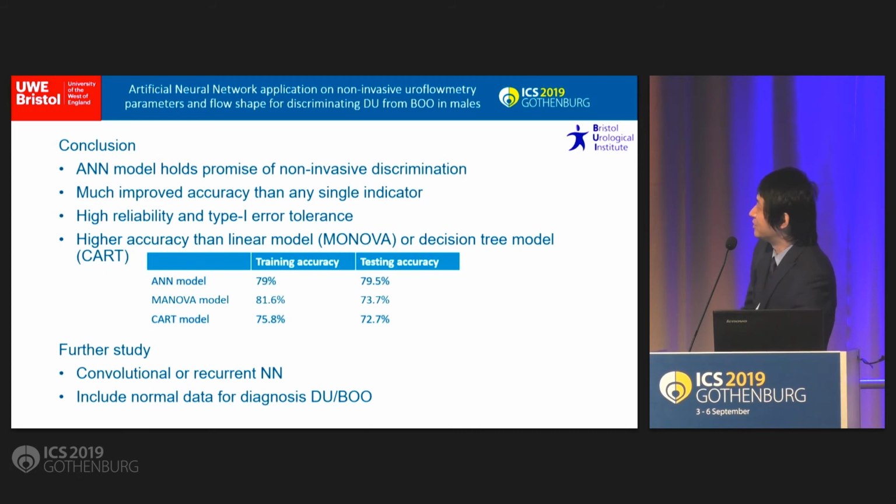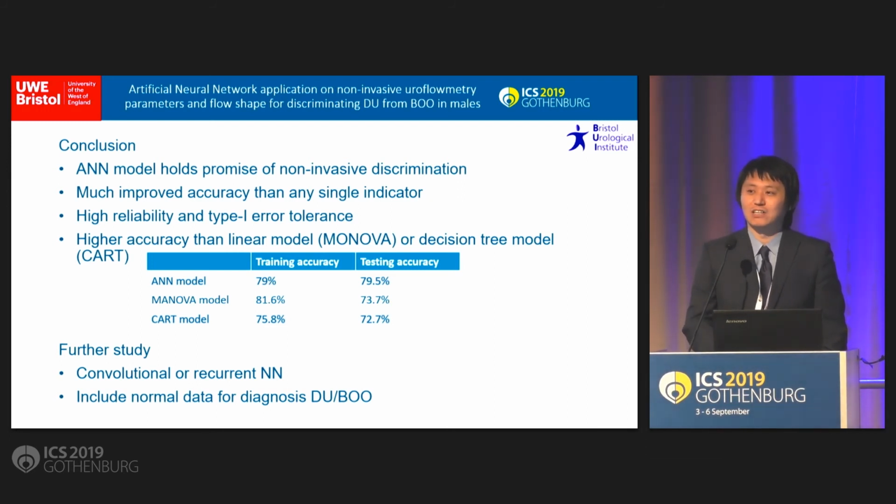Thanks for your suggestion. Okay, please. Sakakibara from Japan. Thanks very much for your interesting report. Could I just ask about the definition of the two groups, underactivity and BOO? And is it depending on the pressure flow analysis? I think we use BCI and BOI, but I can't remember exactly the definition.